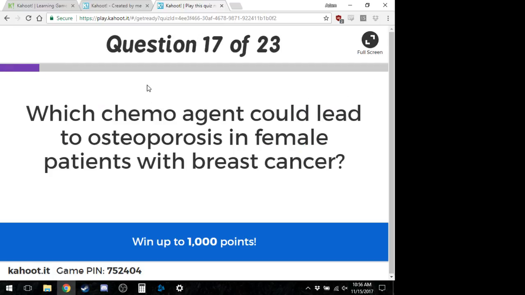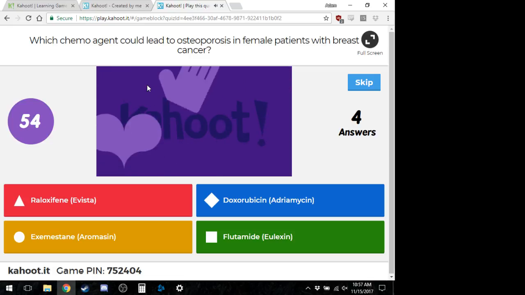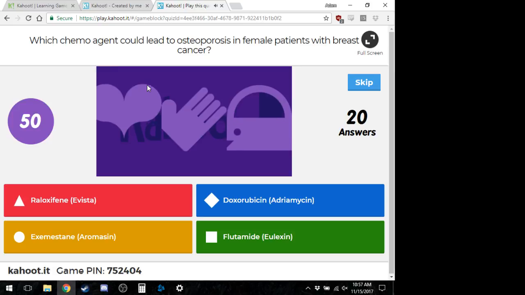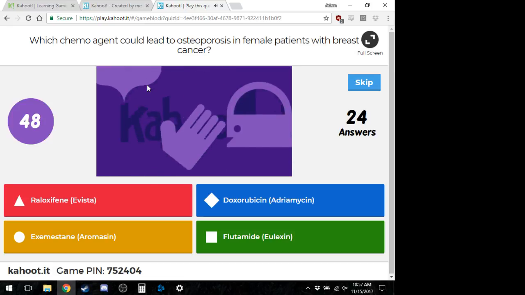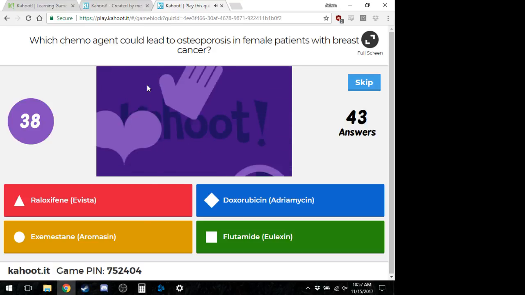All right. Which chemo agent could lead to osteoporosis in female patients with breast cancer? Kind of goes back to those hormonal agents that we were talking about. This is one where the brand name might actually help you.